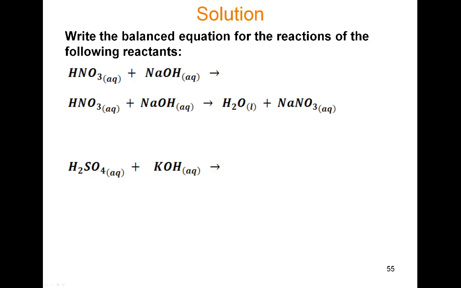We will have to balance that later on, but we can see already that we will have 2 molecules of water because of those 2 H+, and we will need a 2 in front of KOH to have 2 OH- to react with those 2 H+, and together they will make 2 molecules of water.